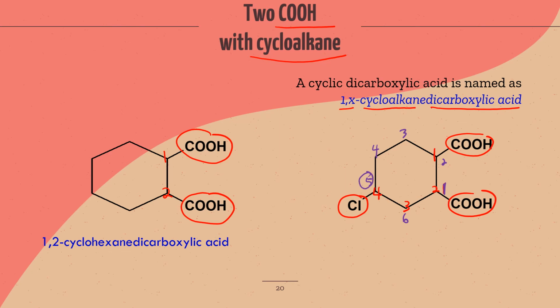Okay, which is kedudukan yang sangat tinggi lah. Okay, so due to this reason, kita akan pilih numbering yang warna merah. So by having this, untuk bagi full name dia, the substituent naming mesti berada di permulaan of the full name. Maka the full name of this molecule will be 4-chloro-1,2-cyclohexane dicarboxylic acid.